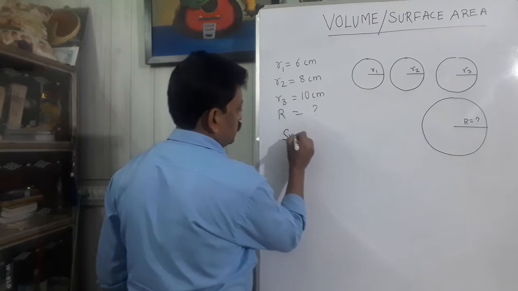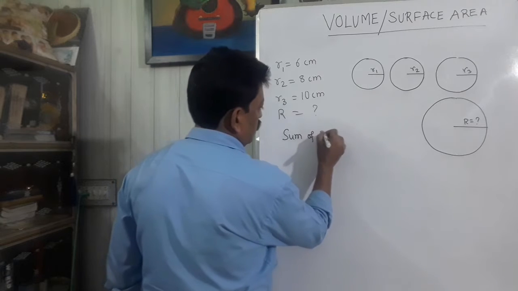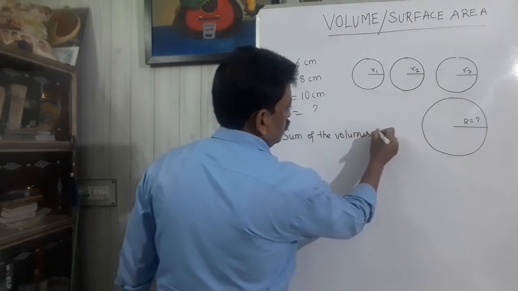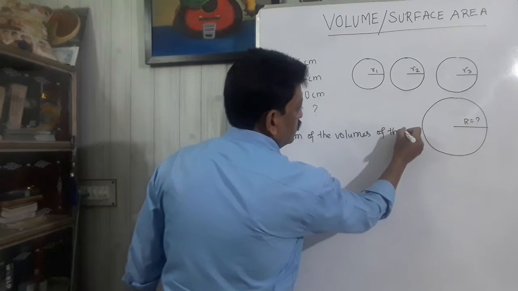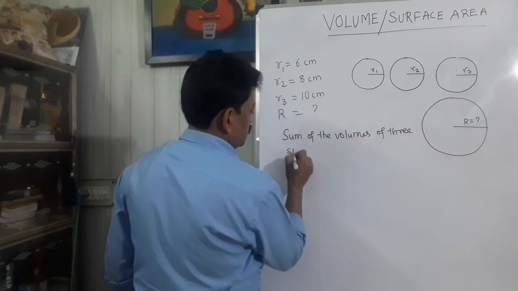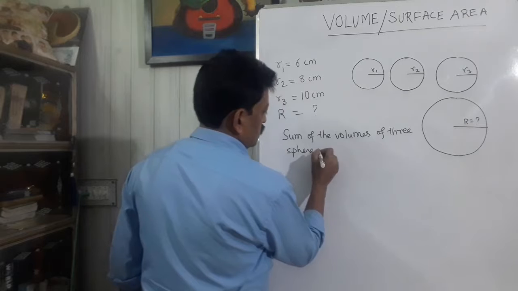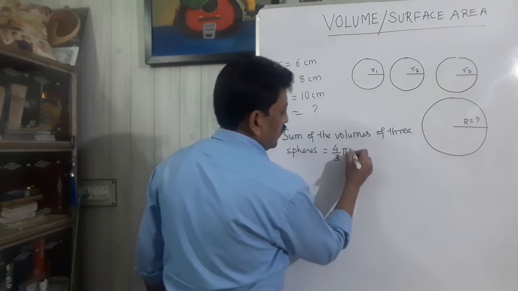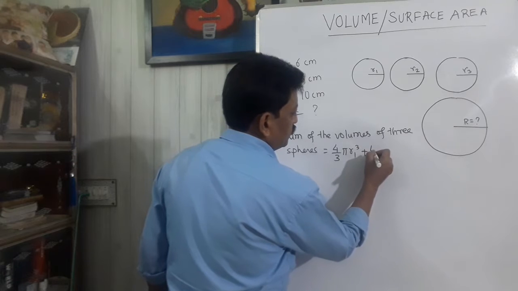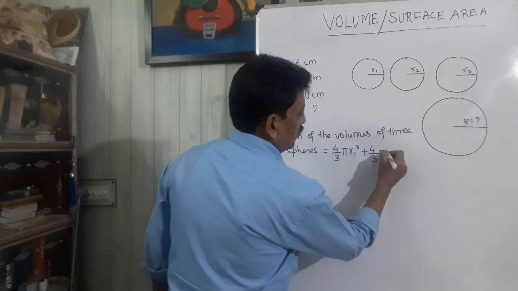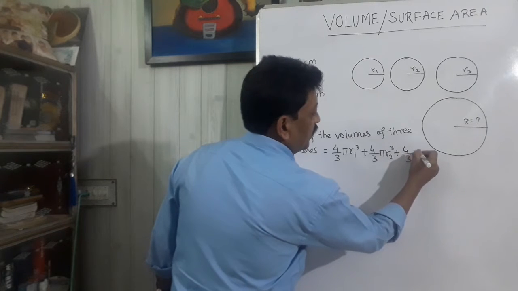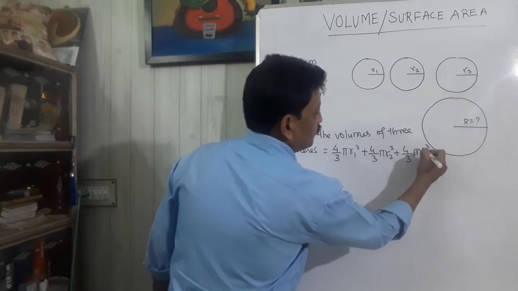Sum of the volumes of three spheres equals 4 by 3 pi r1 cube plus 4 by 3 pi r2 cube plus 4 by 3 pi r3 cube.